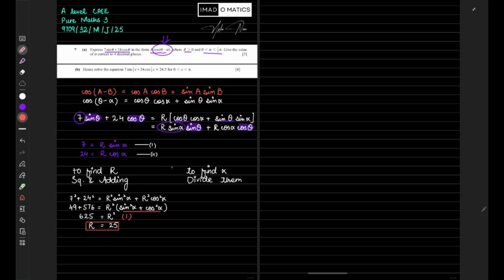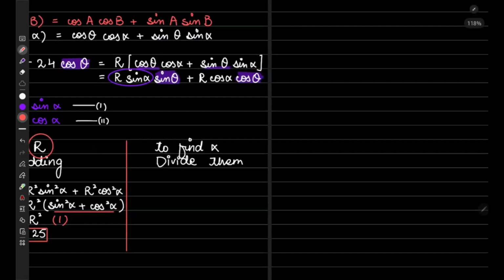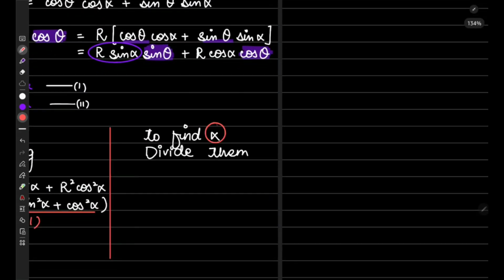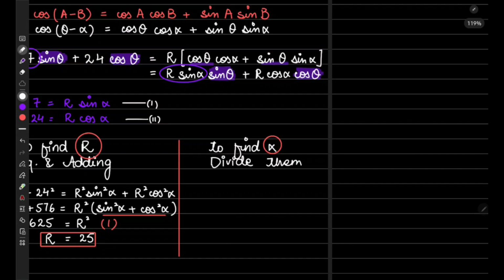Now this is your working to find r. Now we need to find alpha. Divide these two equations. r sin alpha over r cos alpha is equal to 7 over 24, which is tan alpha.